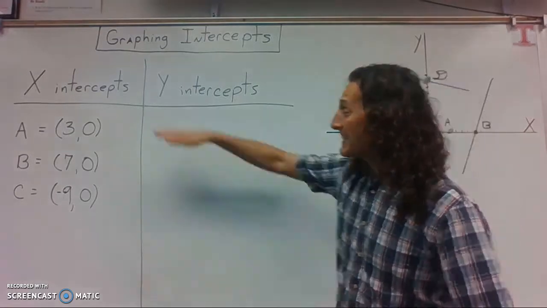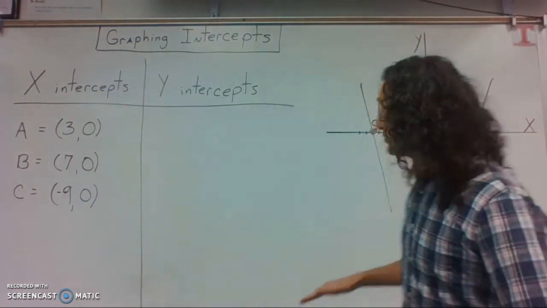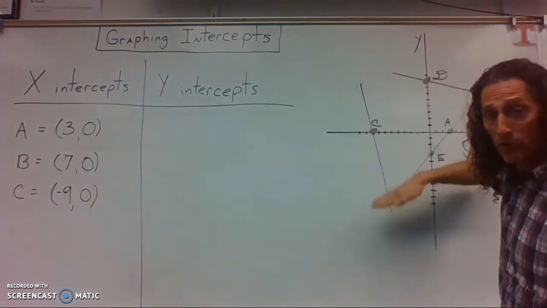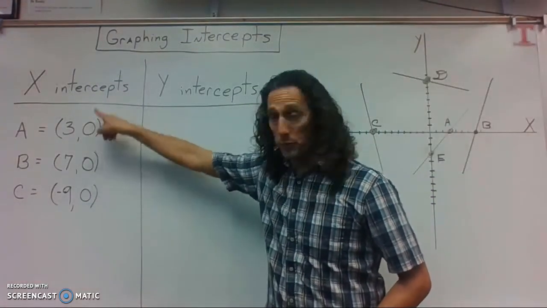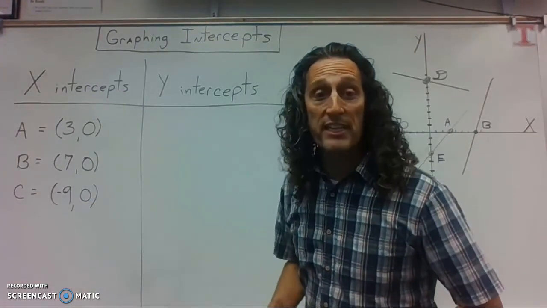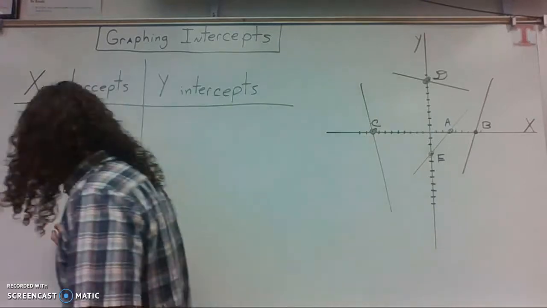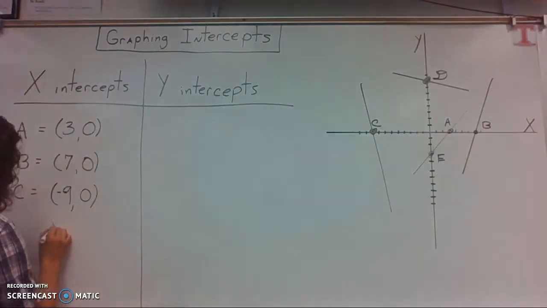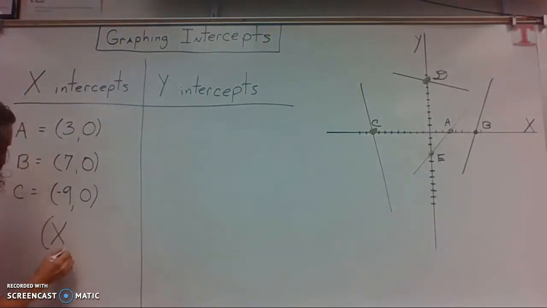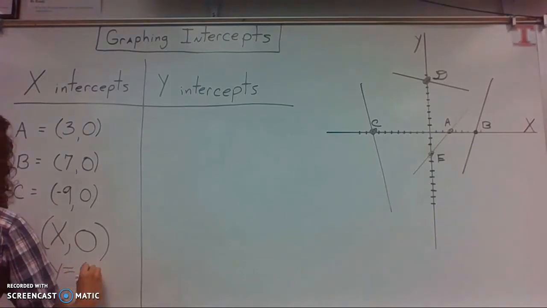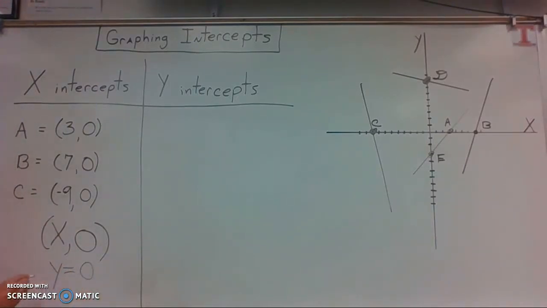On an x-intercept, because there's no up or down movement, the y value is going to be 0. So you will always have an x number, but the y will be 0. So y equals 0 on an x-intercept.